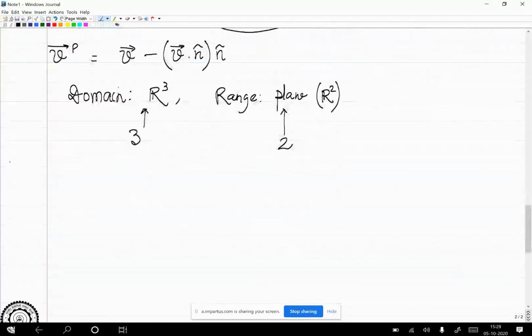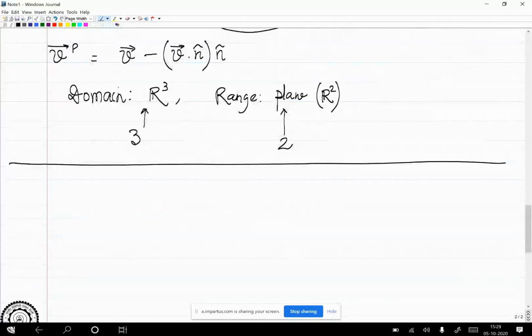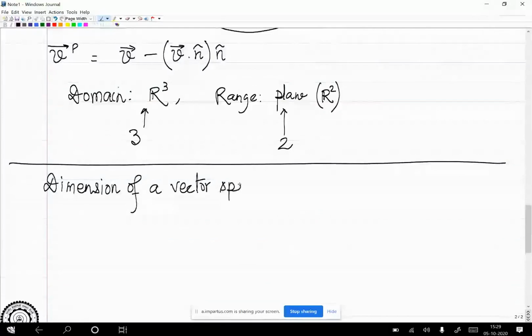We talk about dimension for a vector space. That's discussed in section 2.1. By dimension we mean the maximum number of vectors which are linearly independent in a vector space. That's the dimension.